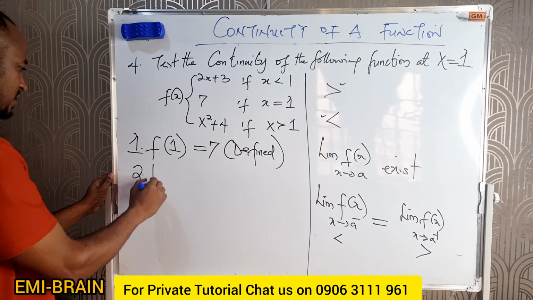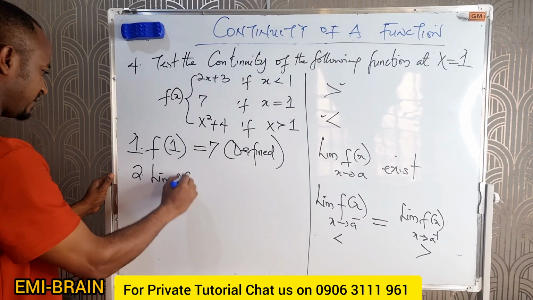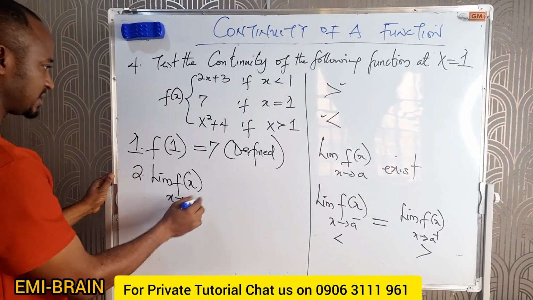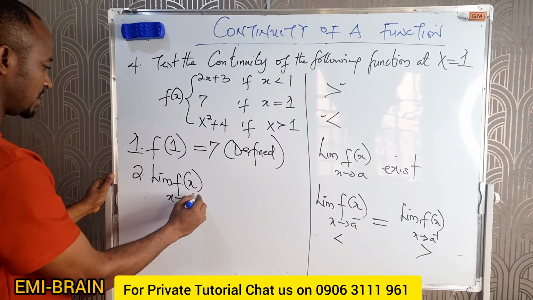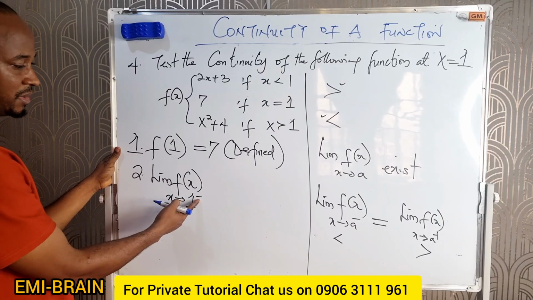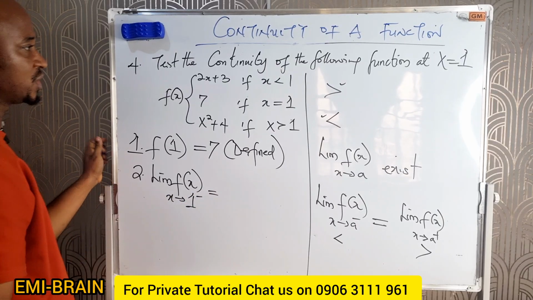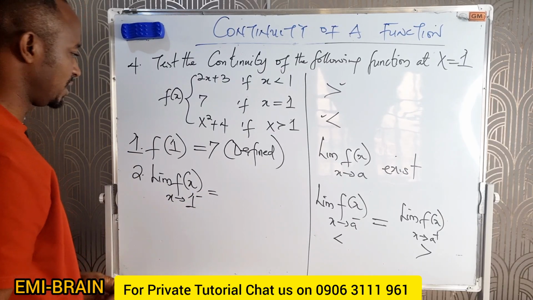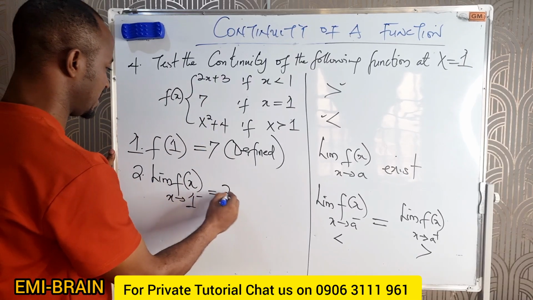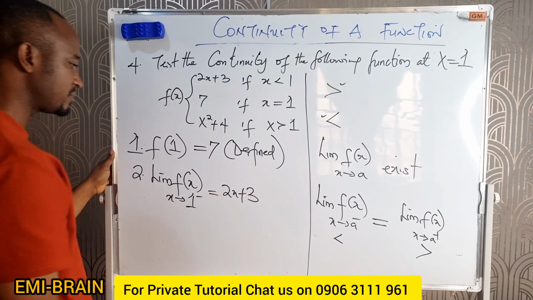Number 2 condition: the limit of f of x as x approaches 1 on the left hand side. On the left hand side, we use the one with x less than 1. Which of these do we use to represent the left hand side? It is 2x plus 3.